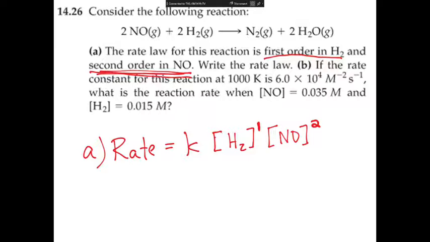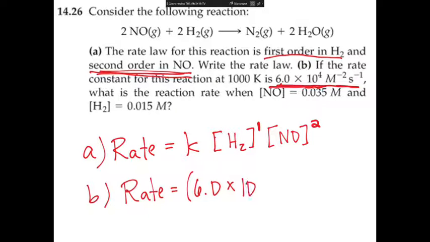So in part B, they want us to find the rate because they're telling us the rate constant. So this is even easier. Instead of looking at the chart and stuff, they're telling us all the answers and what to do to solve this one. So now they're saying find the rate if you know the rate constant is 6 times 10 to the 4th. All right, it's got that weird unit again.